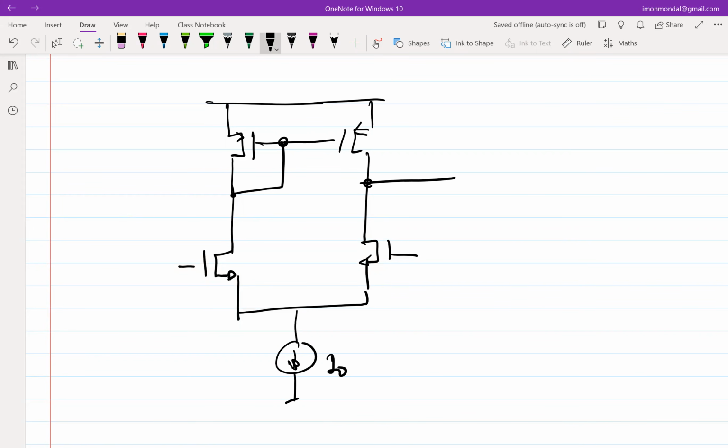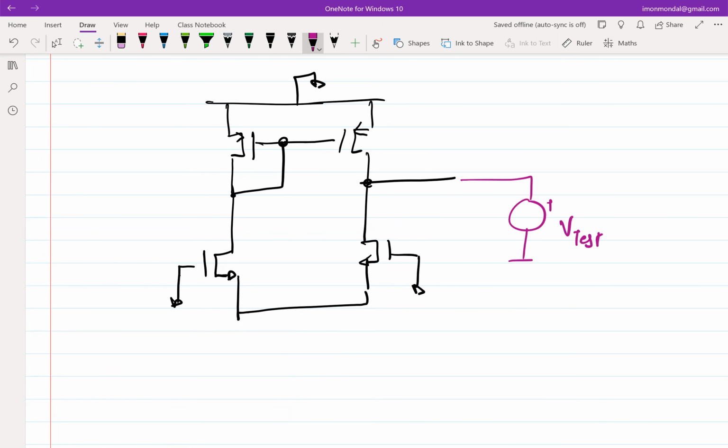So first thing we do while figuring out output resistance is desensitize all the inputs, open circuit all the current sources, and short circuit all the voltage sources. So this also goes to ground, and we apply a test voltage here and try to figure out what is I test.